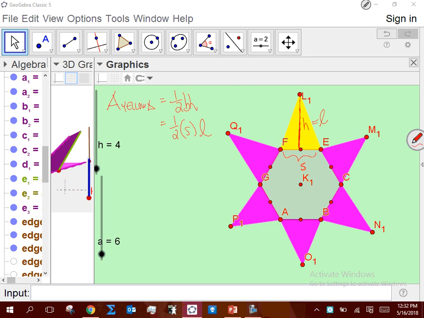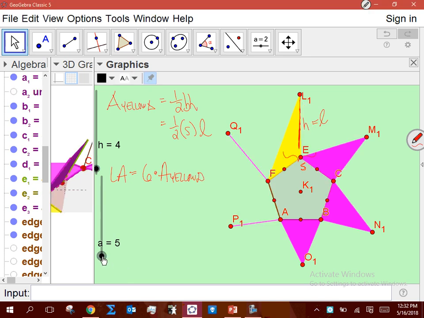How many of those triangles do you have? Yeah, so lateral area here would be 6 times the area of the yellow triangle, right? Okay. Now, bear with me here because I'm right now dealing with 6 sides, but if I were to look at 5 sides, you would only have 5 triangles, correct?